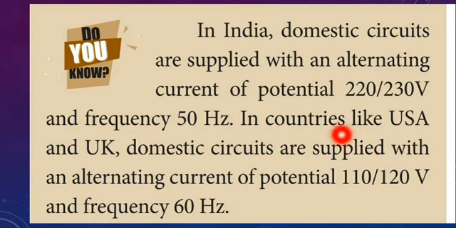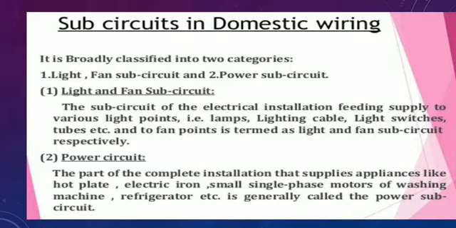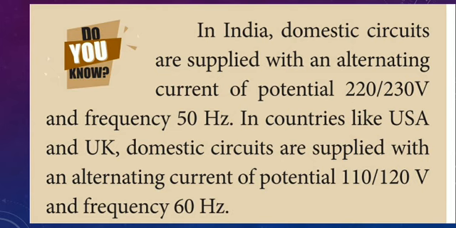But in countries like USA and UK, domestic circuits are supplied with alternating current of potential 110 volt to 120 volt, but the frequency is higher, 60 hertz. So if you go to USA, the voltage is 120 volt, but the frequency is 60 hertz. So that is two 1 marks.